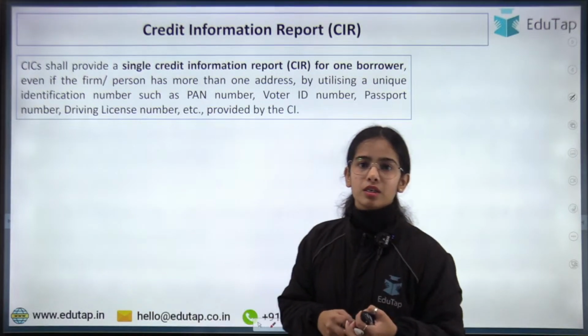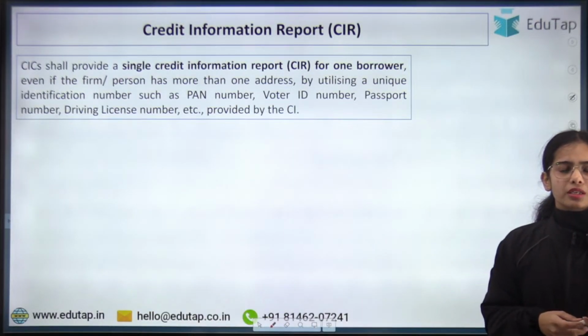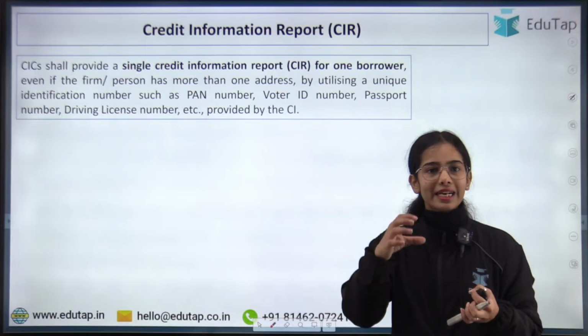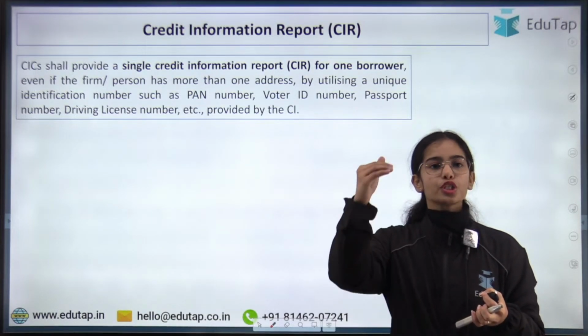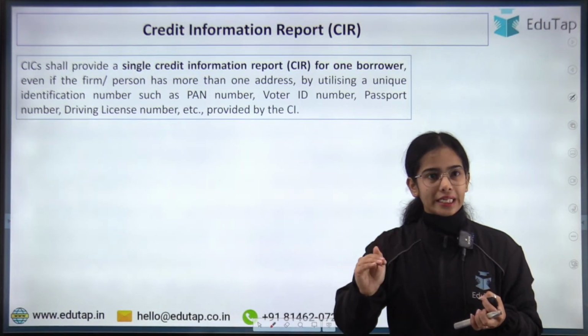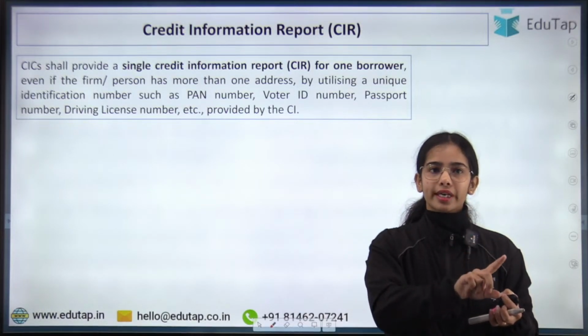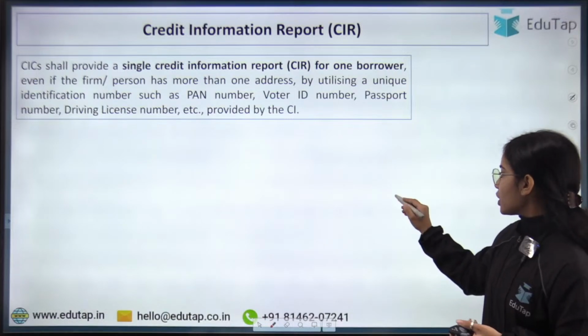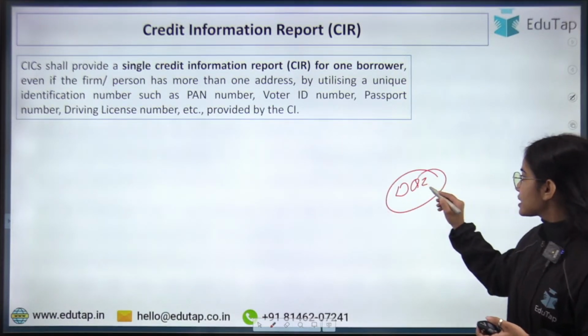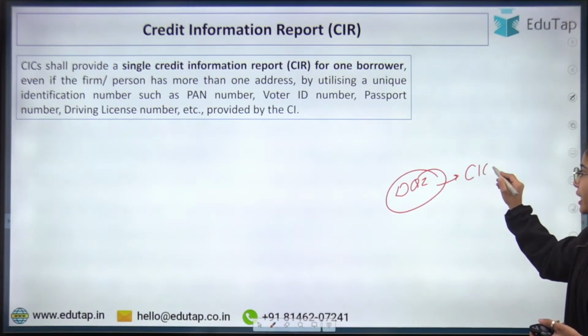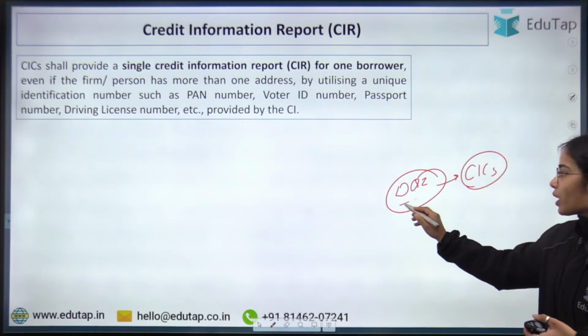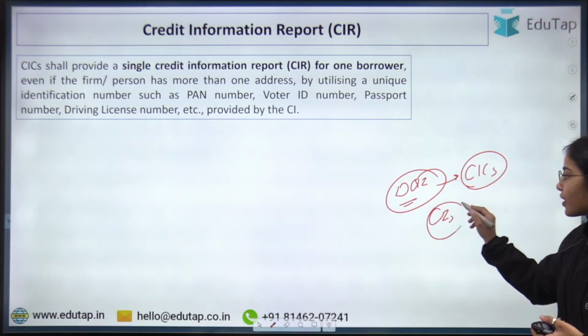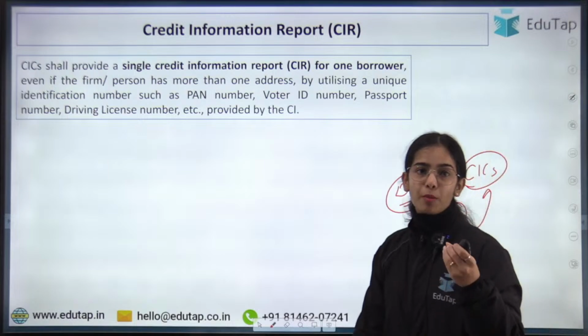Okay. Yes, the CICs will rank the credit institutions on the basis of the data quality that they are providing to the credit information companies. See, the data quality index is the index that is prepared by the credit information companies. The credit institutions are providing the data to the credit information companies.